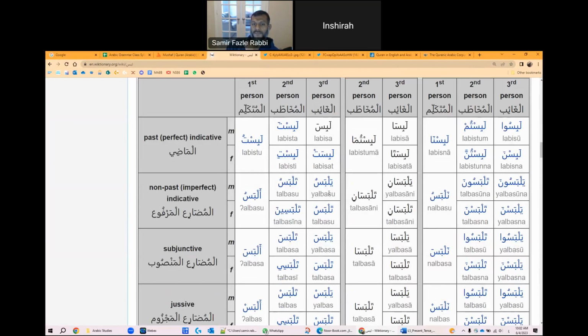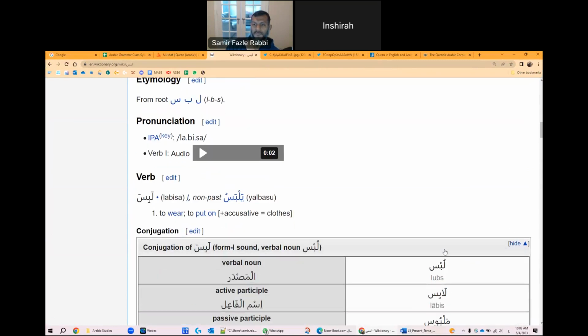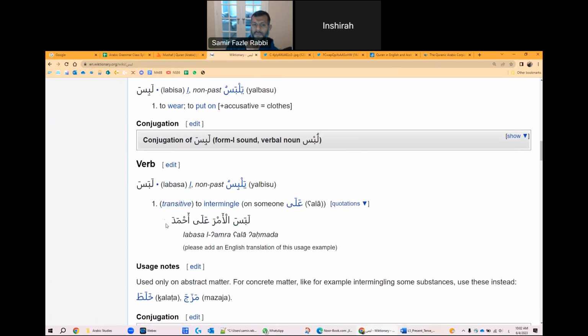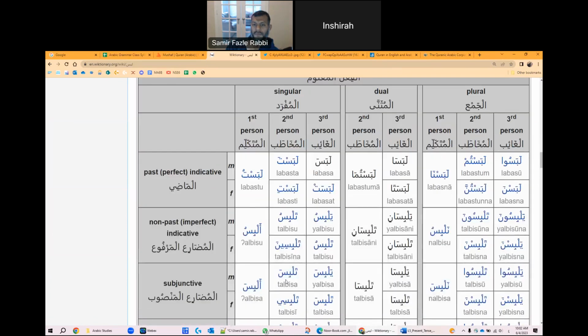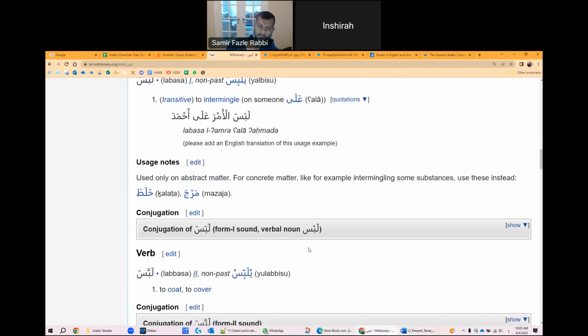That's why. And then this one. Oh, they went opposite. Okay. So anyways, I don't want to make it confusing, but I was confused myself. But this one, it's labasa.